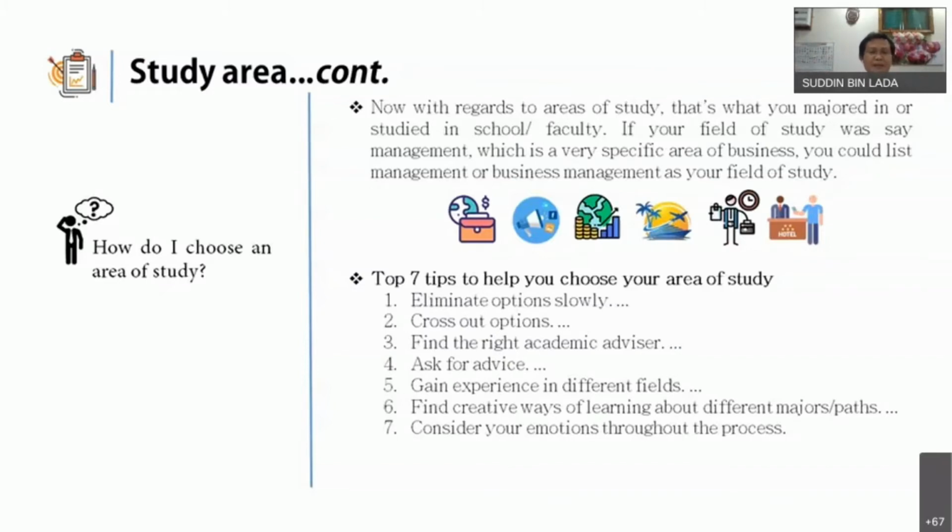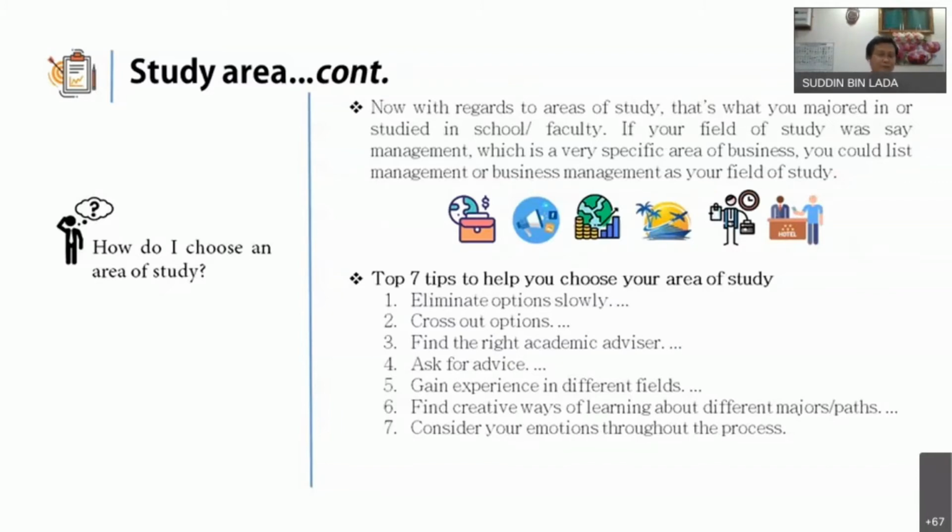Number 1, after reading a lot, you need to eliminate options slowly so you can focus. When you identify your scope, you are in the process of eliminating options slowly, because you already know your scope of study.